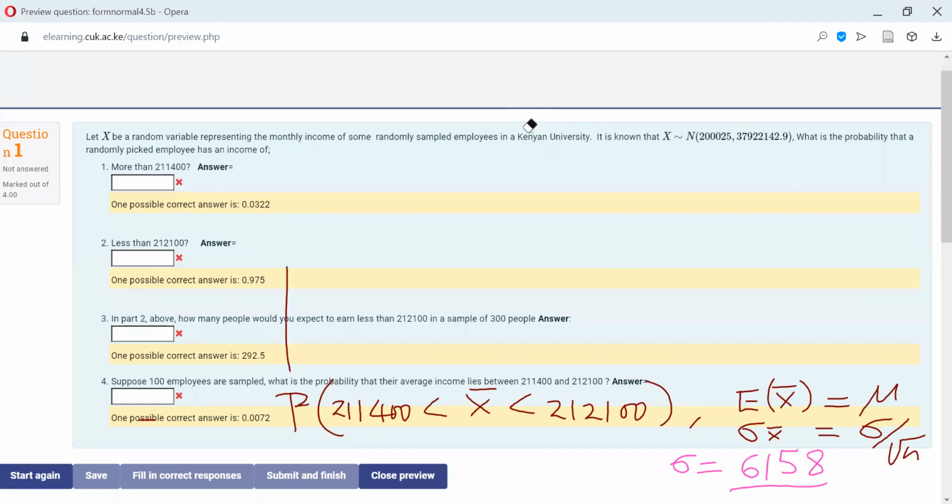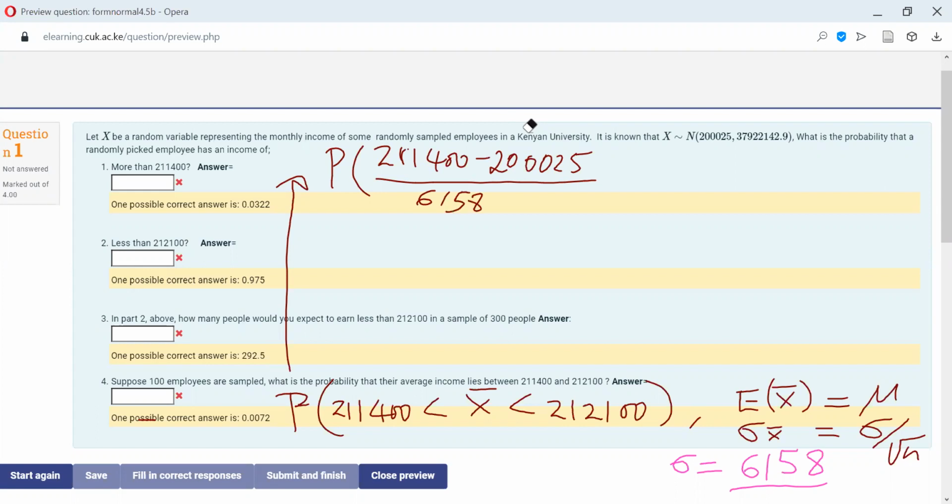So I will now use the set, but now this will be the set 21,100, and as the mean, which is 20,025, over 6158 divided by root 100. This is the 100 here.